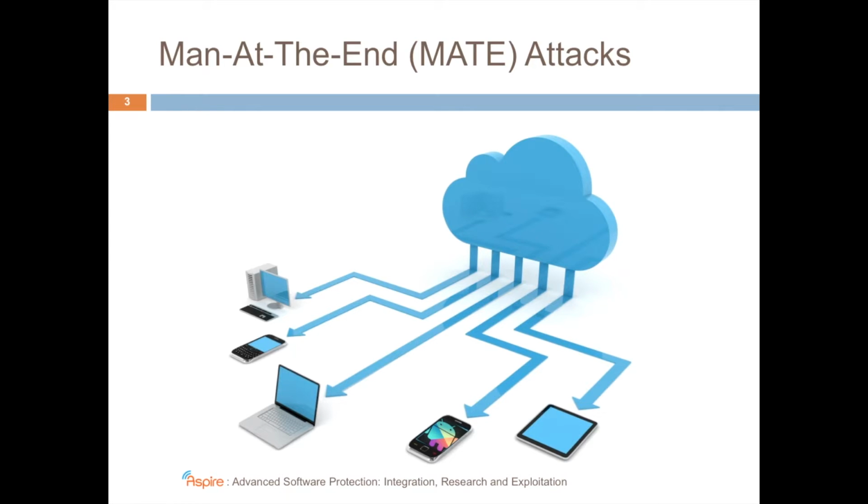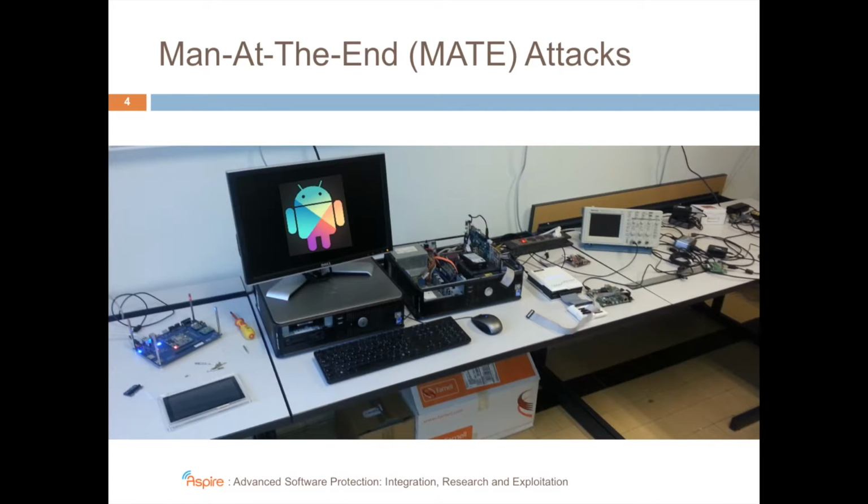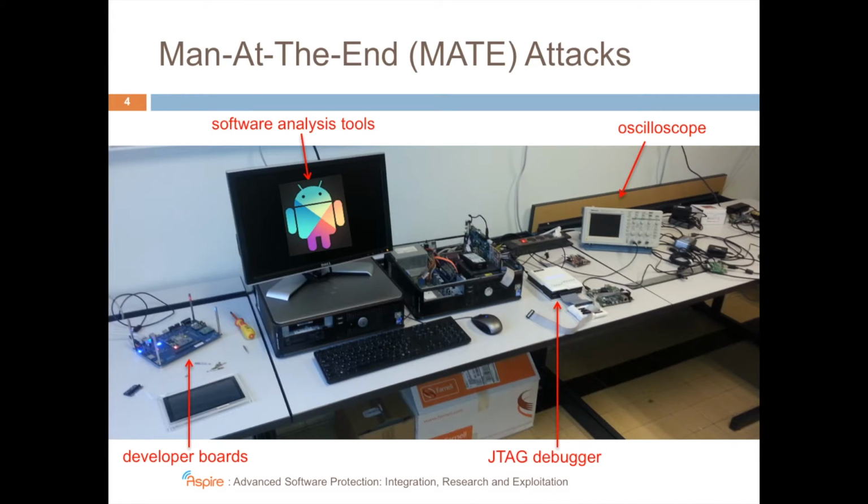And the reason is, of course, that some users will take the application into their lab where they have all kinds of facilities like developer boards and hardware debuggers and scopes to look for side channels and then software analysis tools, and they will use those to attack the software. So it's this environment where basically attackers have white box access to the software that we want to protect against.